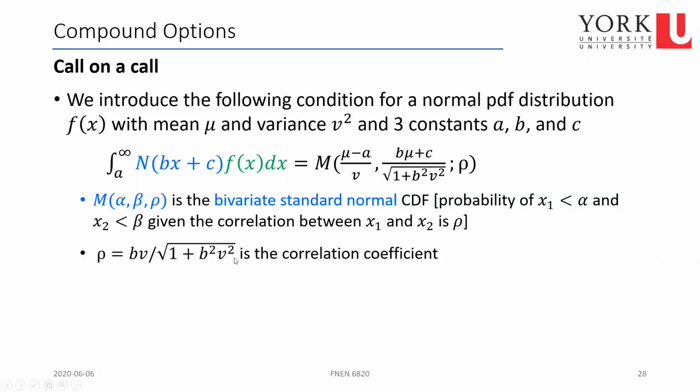And rho is then given by this particular condition. So just take this as given, and let's see how this will help us to derive our formula here.